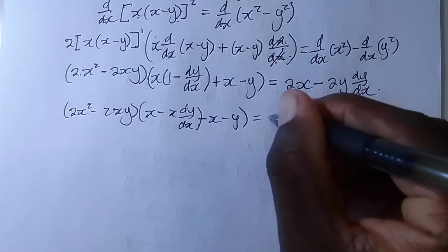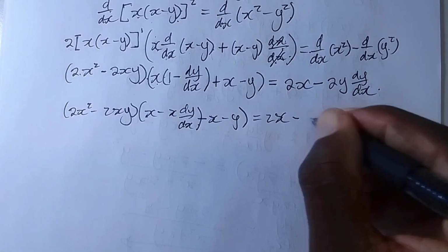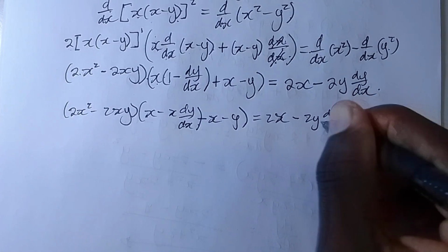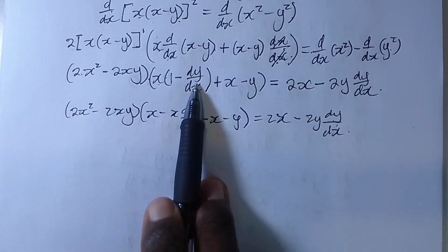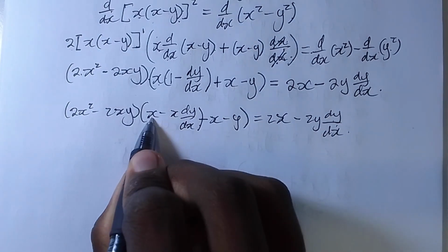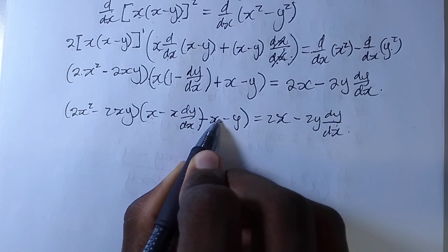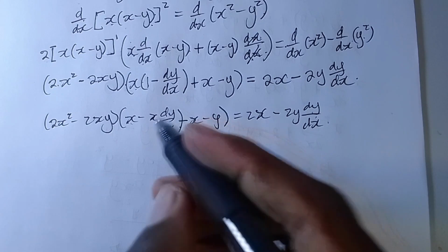And then you have 2x minus 2y dy/dx. I just distributed the x. Now this is x plus x, which is 2x.